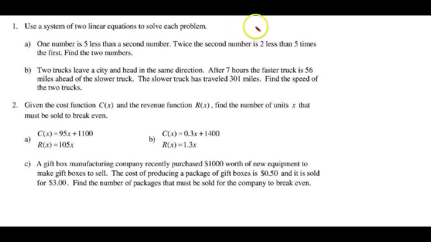Well, here we are allowed to use the 2 letters, X and Y. So we're saying one number is 5 less than a second number. So we can take our X, that'll be one number, is 5 less than a second number. Well, this will be our first, so this is our second. 5 less than that.